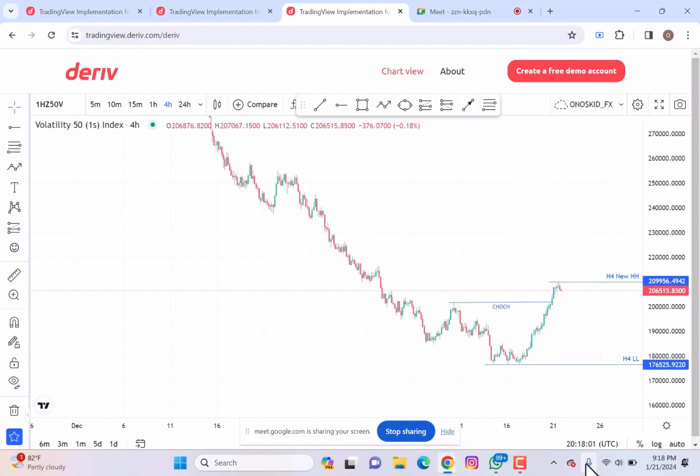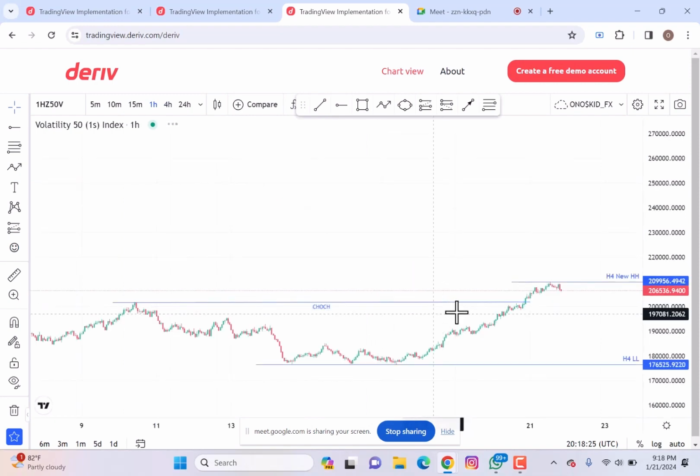That means that in a bullish market, what you should be concerned with is more support than resistance. When you are on a bullish market, you should focus more on a support level than on a resistance level. So I will come down to my 1 hour time frame to see a good area of support that I can identify.